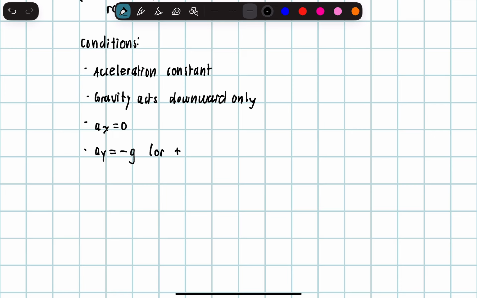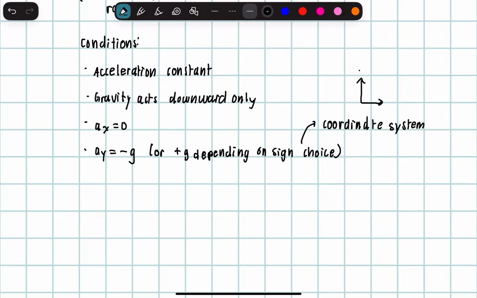Or it can be positive g, depending on your sign choice. And that means your coordinate system, which is how you define your up and down. And this is your conventional system.